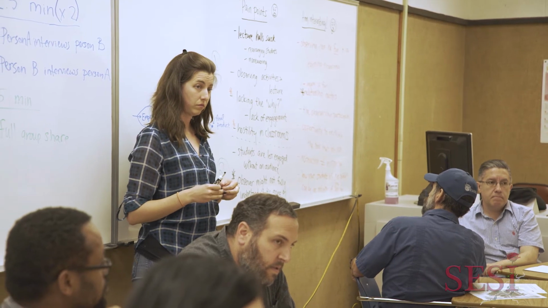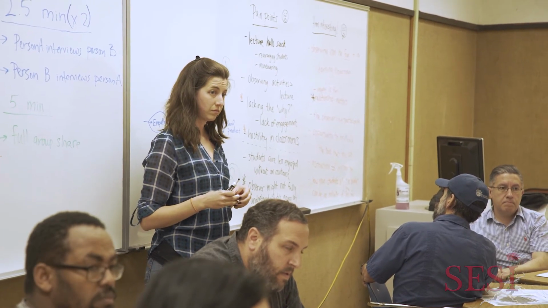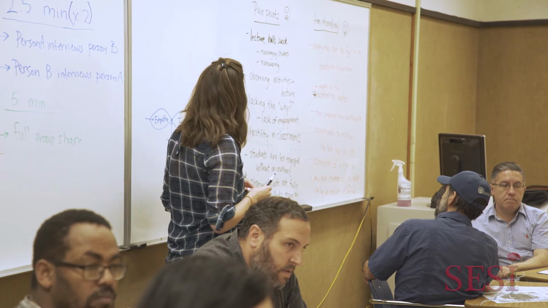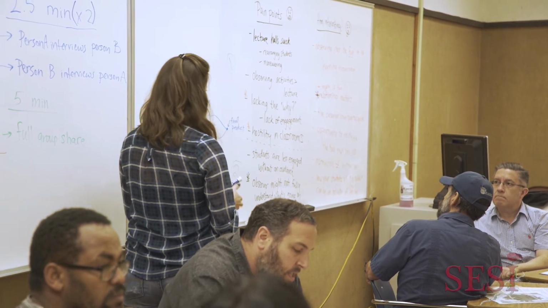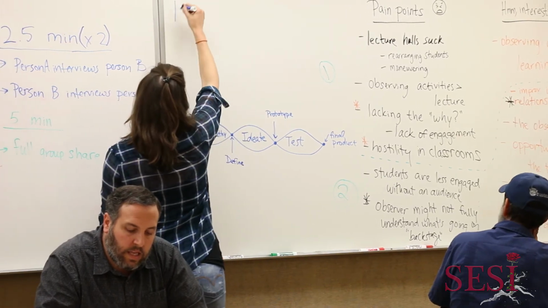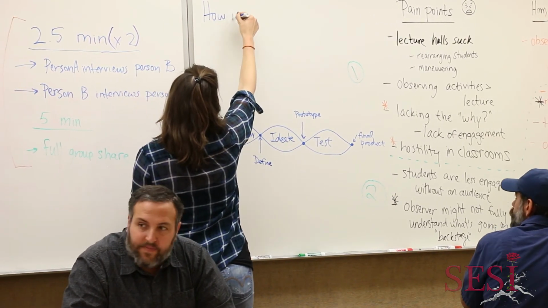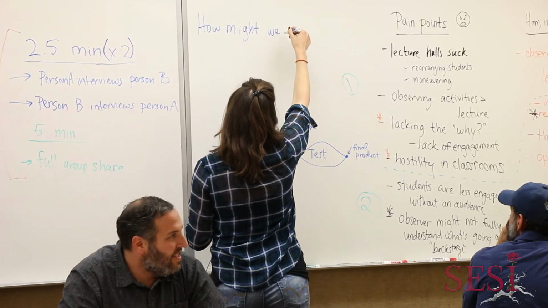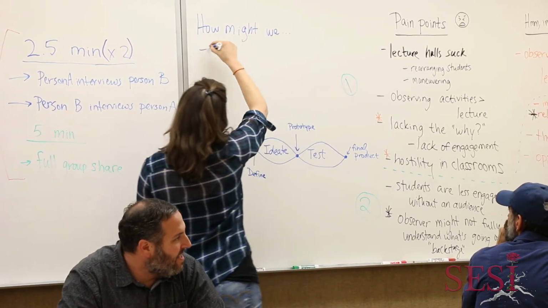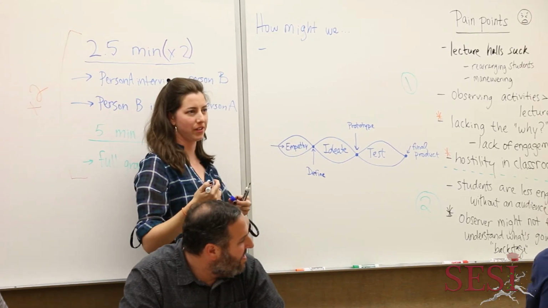Are we really giving the best critique to that person, or are we receiving the best critique? So if we were to turn that into a how might we statement, how do we want to structure that as a statement?